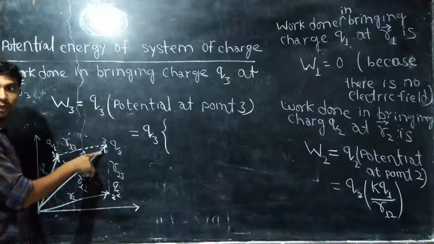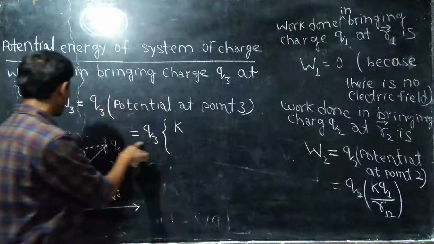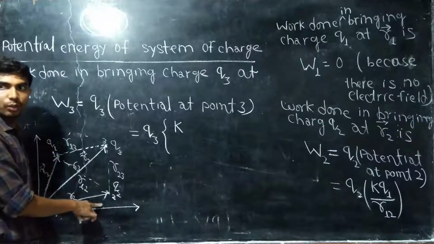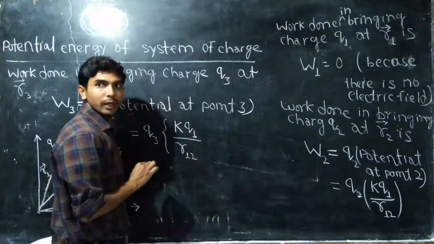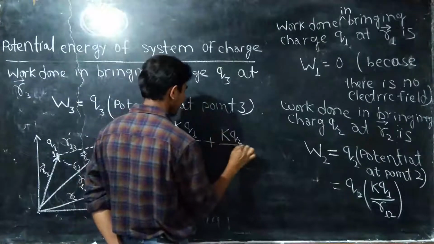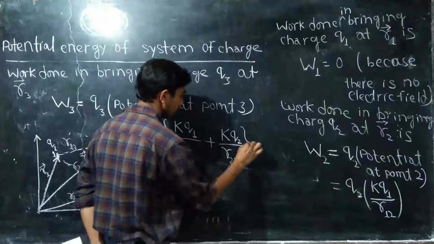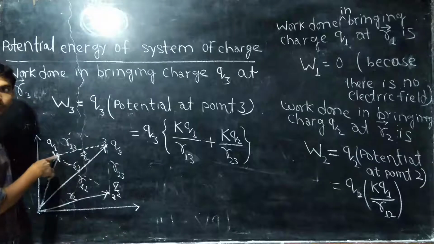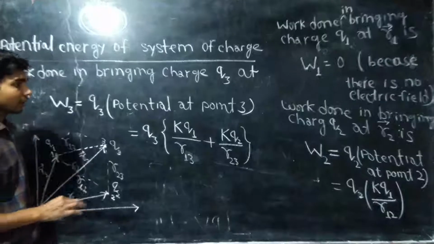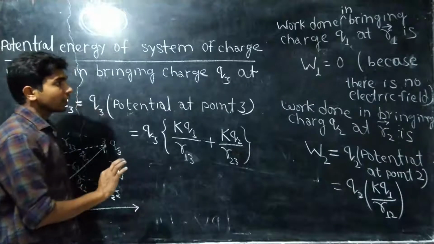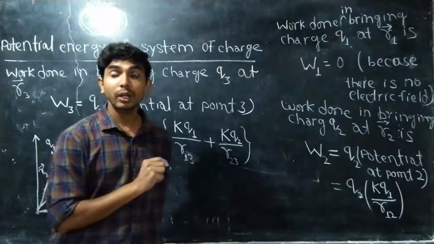So the total potential at point 3 is due to Q1 and due to Q2, and that value is KQ1 by R13 plus KQ2 by R23, because this distance is R13 and this distance is R23. Now you have calculated the total work done needed to bring all the individual charges.